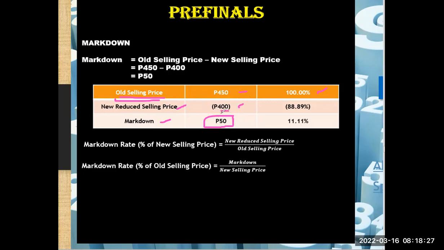So how to compute for the rate? This is the rate, the one with the percent sign. If we are going to use the formula here, markdown rate, or percent of new selling price, is equals to new reduced selling price divided by old selling price.